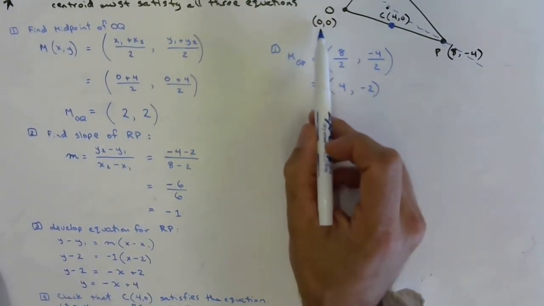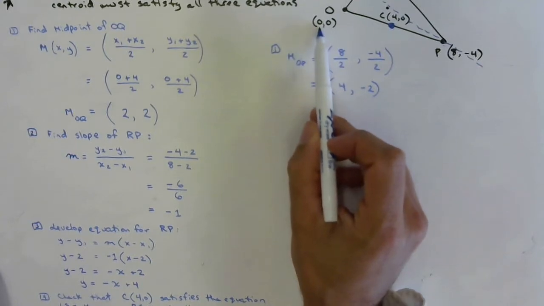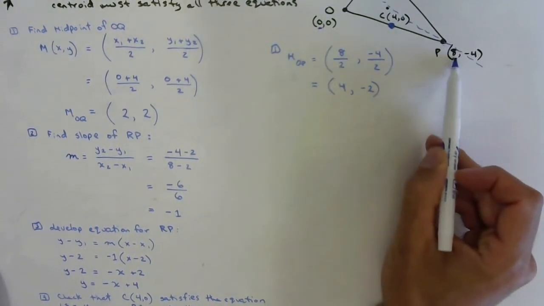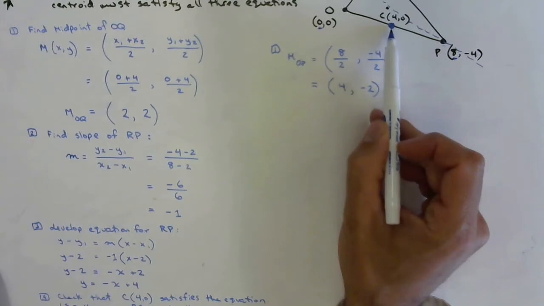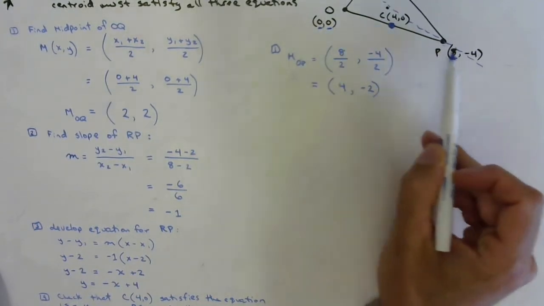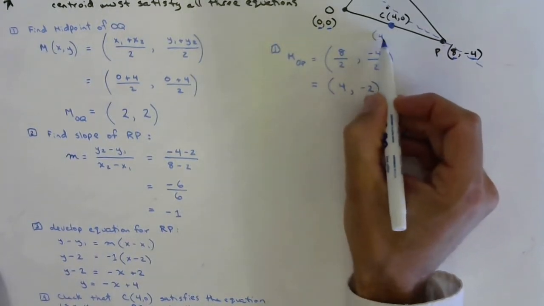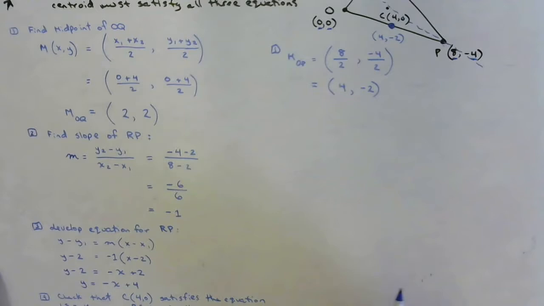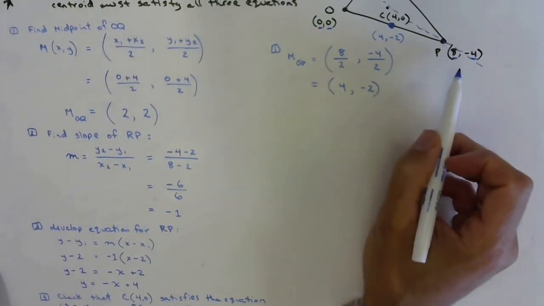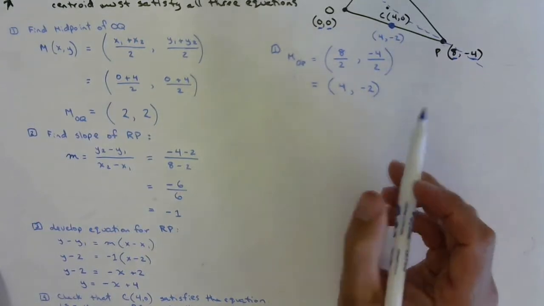Look at what happened. It's easy from the origin. My x coordinate went from 0 to 8. The middle must be 4. My y coordinate went from 0 to negative 4. The middle must be negative 2. So this, just by looking, is going to be 4, negative 2. Because I know what midpoint means. It's the middle of my x's and the middle of my y's. And there it is. Okay, carrying on.